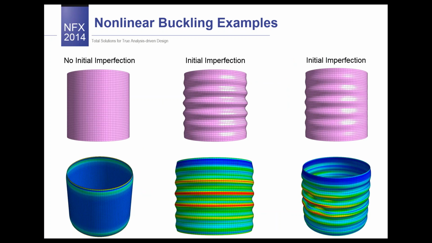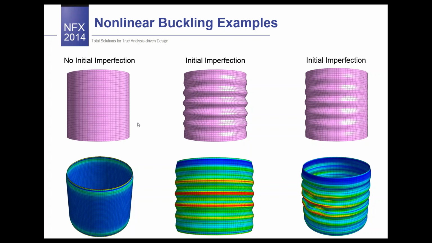And on the next slide I'm showing you the cases with the imperfections. We will quickly perform the solution where there is no imperfection. It's easy to guess that our cylinder, which is subjected to the compressive load at the top curve, will respond like a cylinder under compression, not like a cylinder under buckling.